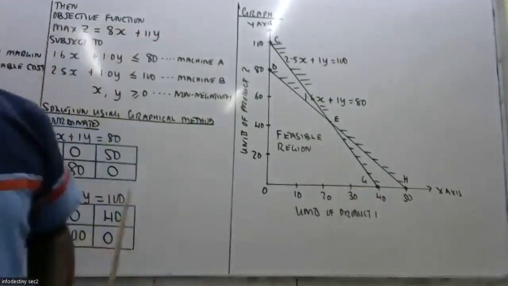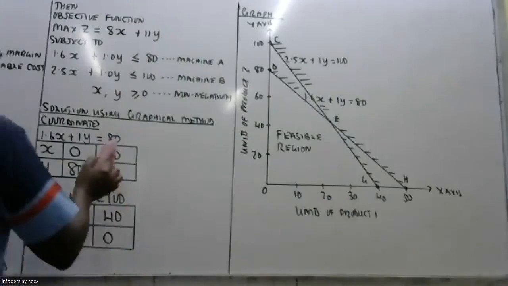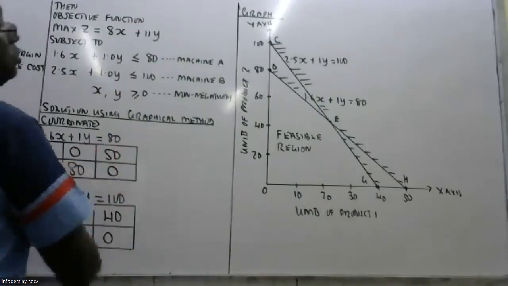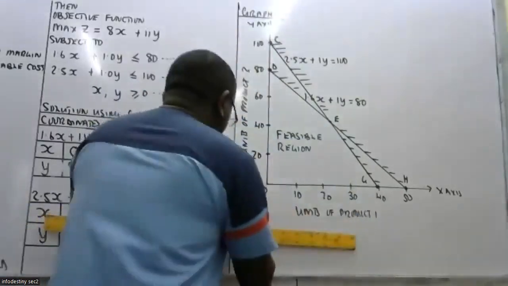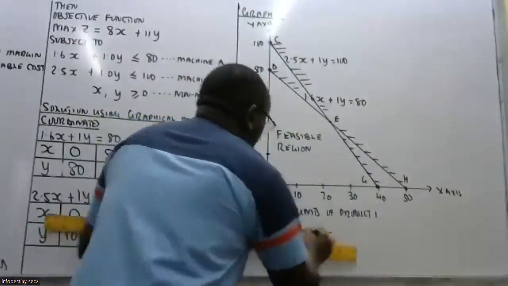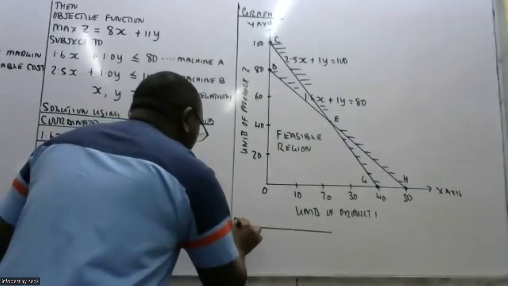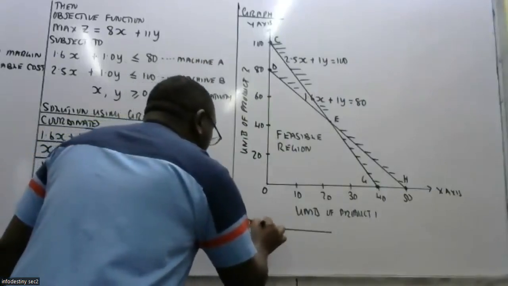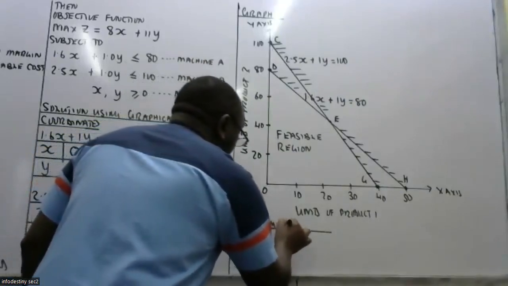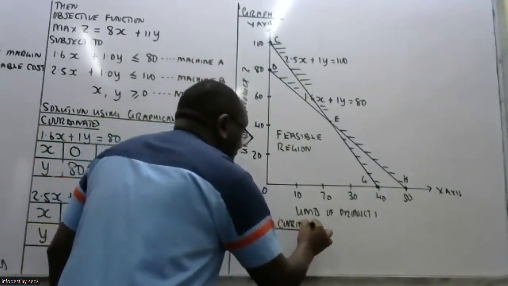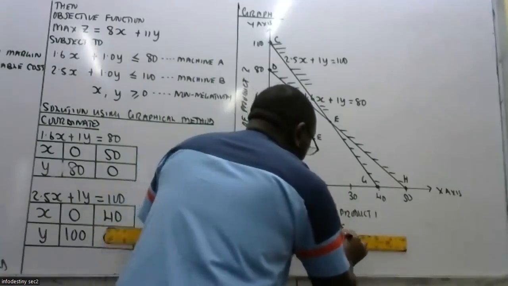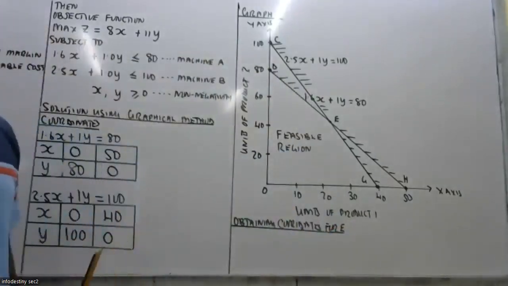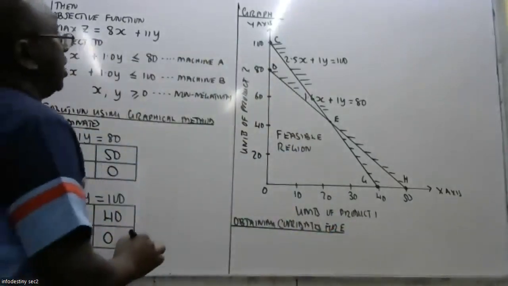If you are not able to read correctly from the graph, what you do is solve the equations simultaneously. So obtaining coordinates for E, you solve those equations in a simultaneous way.